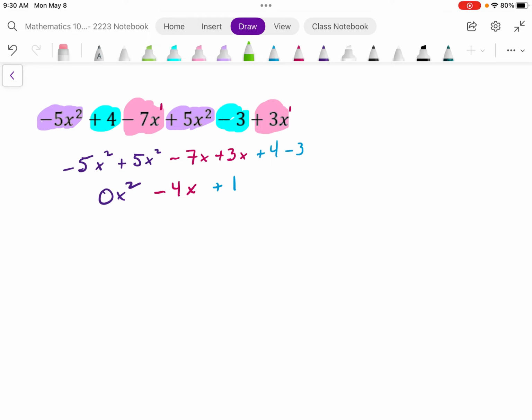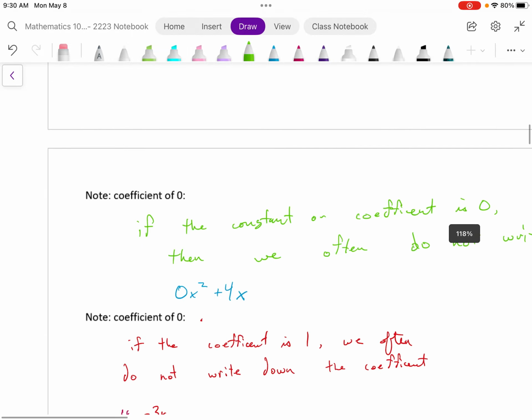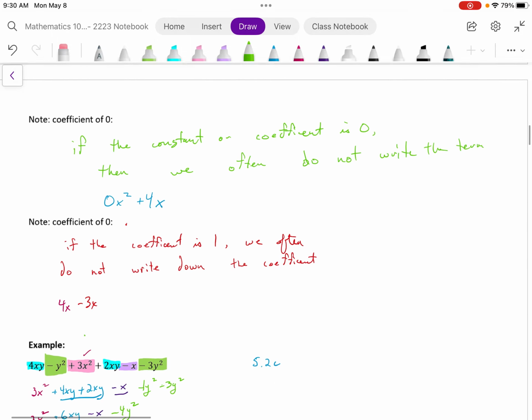However, whenever we have a term with a 0 coefficient, we typically omit it or leave it out. I would most definitely write this as negative 4x plus 1. And that brings me to two important points. One, coefficients of 0.